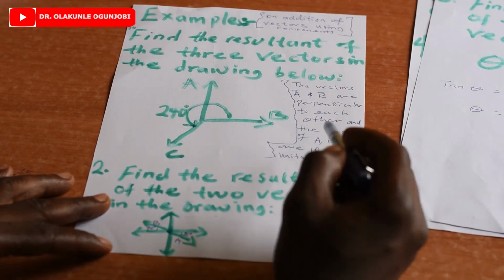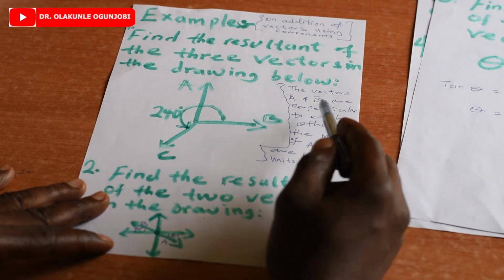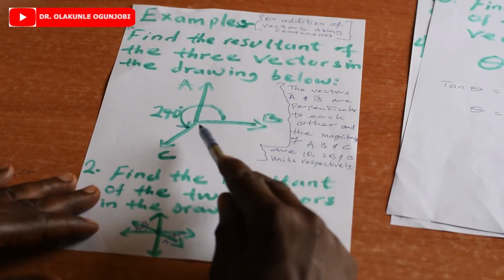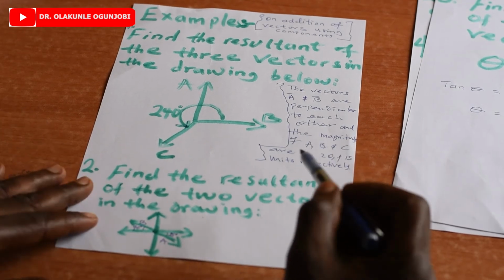Please take note: the vectors A and B are perpendicular to each other.